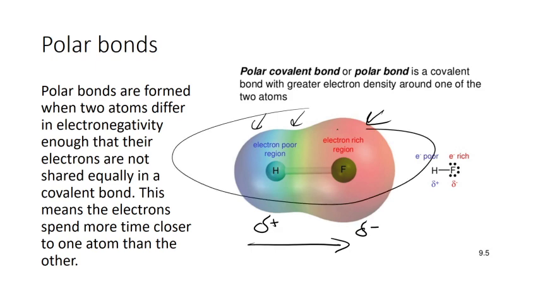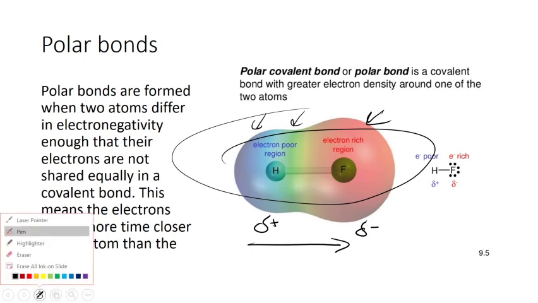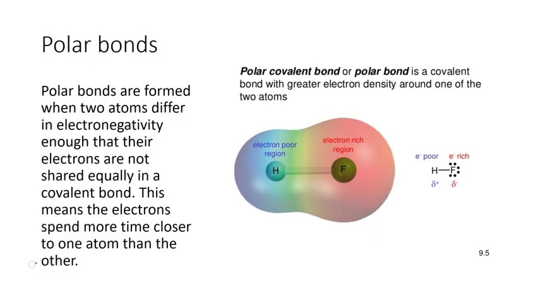Got this big bubble here. They're still sharing the electrons, but fluorine is pulling on them enough that the electrons spend most of their time closer to fluorine. And so this makes something polar: partial positive, partial negative. Even though the charges in the molecule are balanced, you have positive and negative in the same molecule.